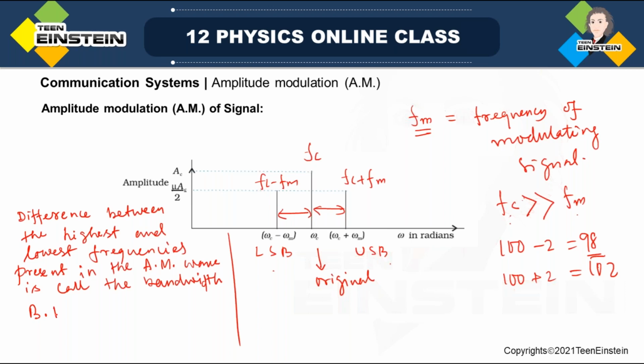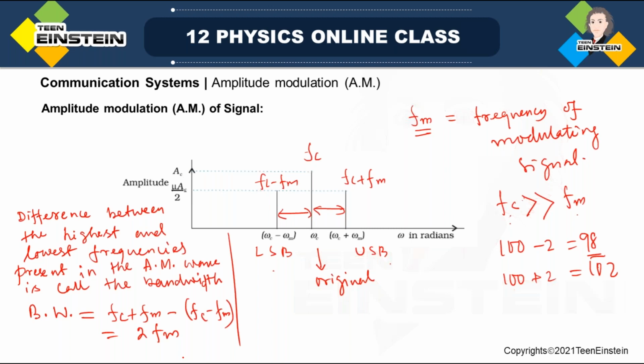We generally abbreviate bandwidth by this. So this will be fc plus fm minus fc minus fm, so you get 2 into fm. This is bandwidth.